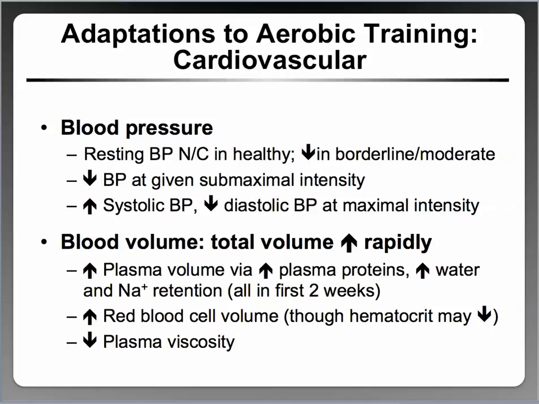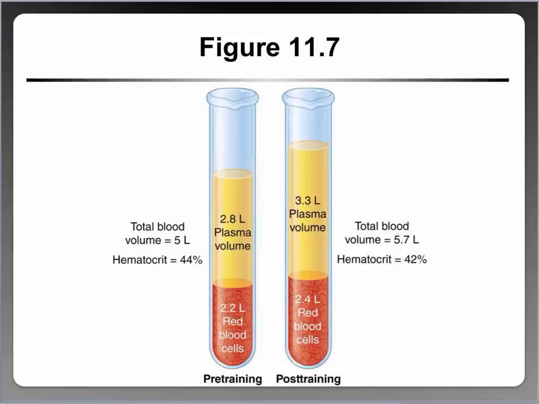So moving off of the liquid portion, next thing we're going to talk about is the more solid components. And what you see is an increase in red blood cell volume, although you might see a decrease in hematocrit. And we'll go to this picture to explain what's going on. You can see pre-training, you've got a certain volume of red blood cells.